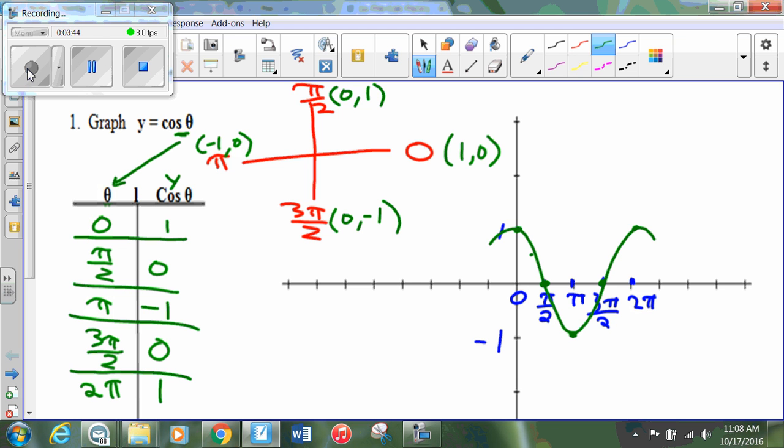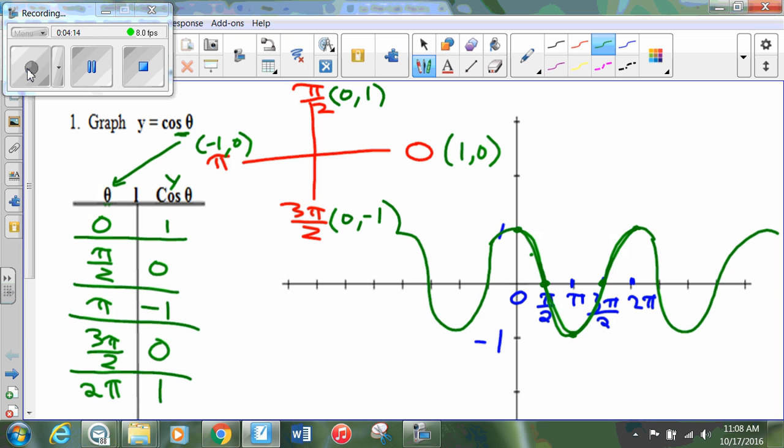We know that it really keeps going, doesn't it? But for now, we really are just looking at graphs in one period. If I continued to the right or to the left, I'm just repeating the cycle. That's one complete cycle, one complete period, 2 pi.